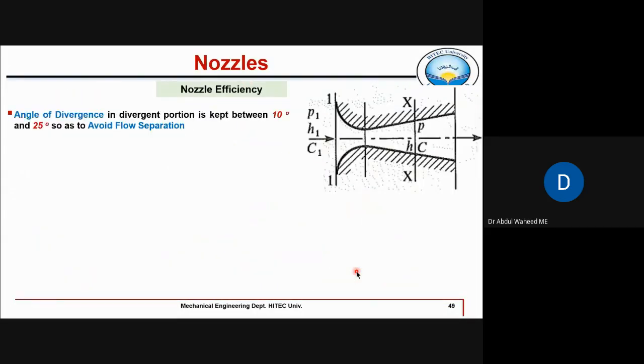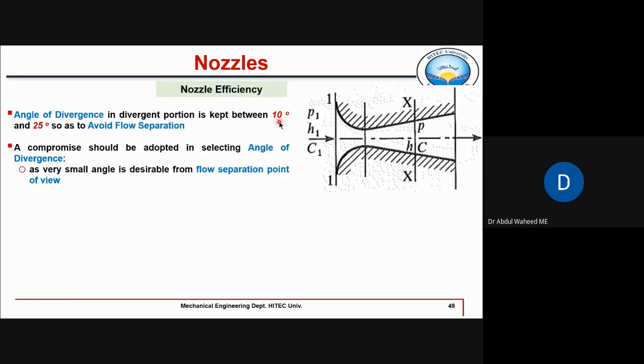So that's why here we have to compromise between two parameters. One is the velocity drop due to increased length, but that will be smaller compared to that of a very large divergence angle. So the angle of divergence in this divergent portion is normally kept between 10 to 25 degrees to avoid this flow separation phenomenon. Therefore a compromise should be adopted in selecting this divergence angle.